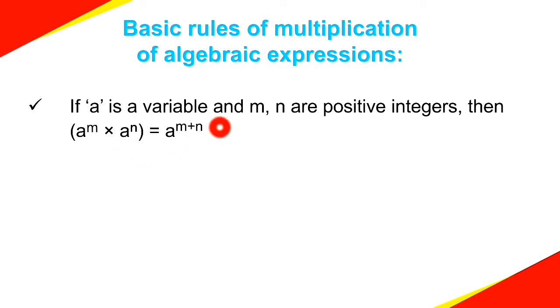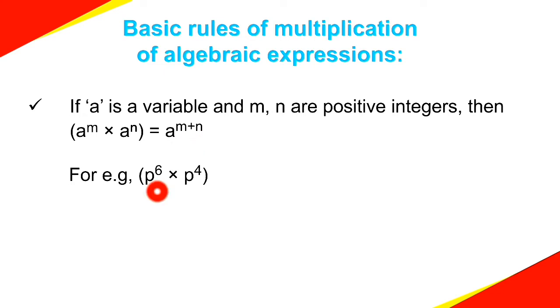The same formula you have in exponents and powers. For example, p power 6 into p power 4. According to the formula, a power m into a power n is equal to a power m plus n. Here both the bases are equal, so exponents are added.